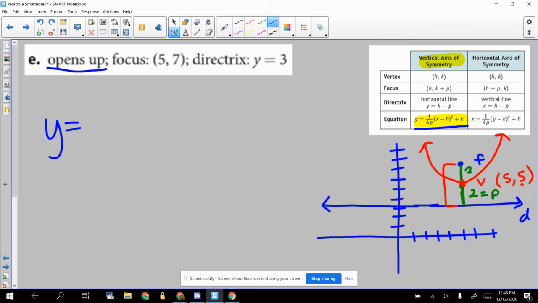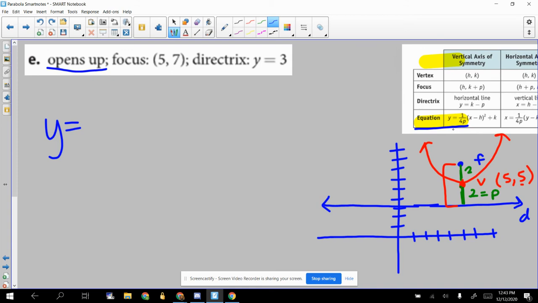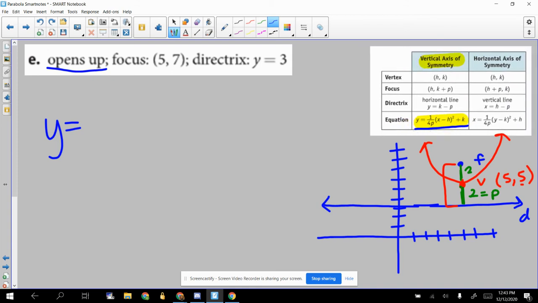Okay, so let's go ahead and plug it all into our equation here. So we've got y equals, it opens up, so we know it's positive, 1 over 4p, and we know the p is now 2. And then we figured out where our vertex is because it had to be right in the middle of the focus and the directrix.